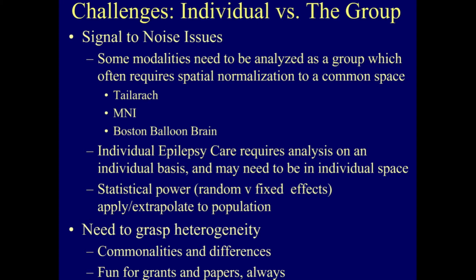It is virtually impossible to find a perfectly homogeneous population, and that must be addressed in your study design, in your analysis, and in your discussion. It is important to identify commonalities as well as identify differences. This makes it particularly fun and challenging for submitting for grants and submitting papers, as these issues are ubiquitously present, and they best be addressed in your grants, papers, and introductions.